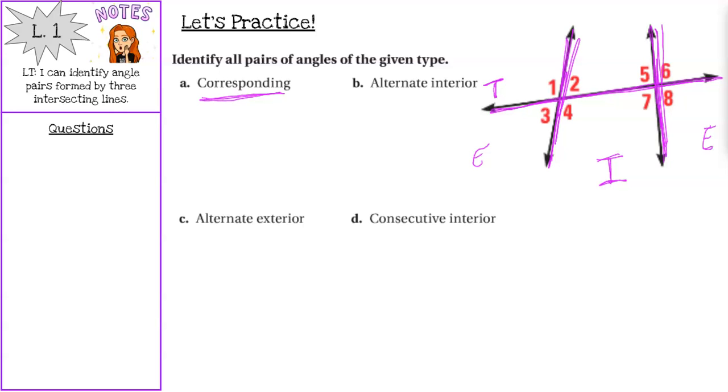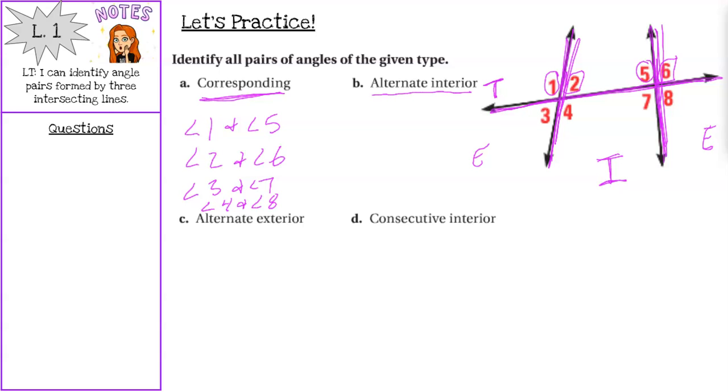Corresponding would be in the same location. So angles 1 and 5, angles 2 and 6, angles 3 and 7, and angles 4 and 8.